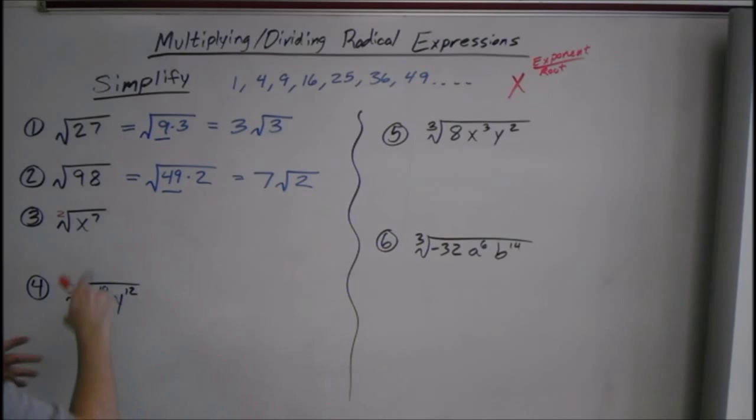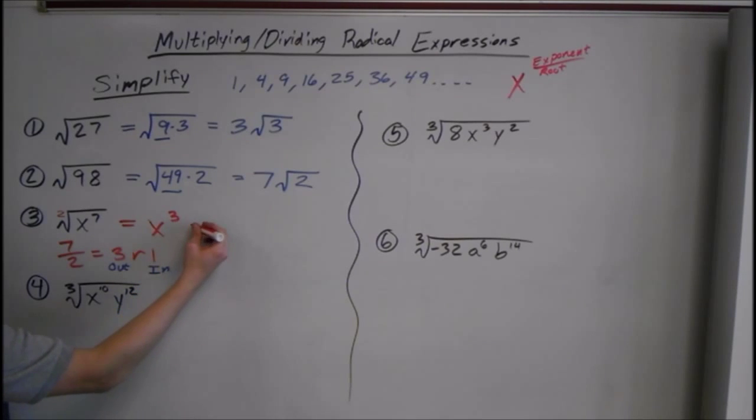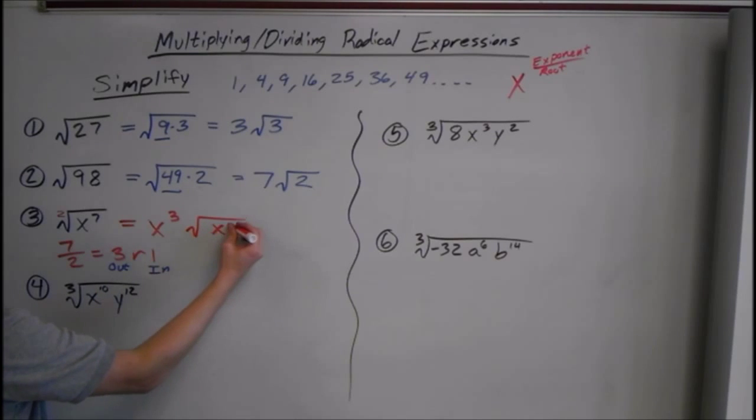So if we divide the exponent by the root, that'll tell us what we could take out and what we have to leave in. So say we have 7 over 2, that's 3, remainder 1. So we take 3 out, 3 x's come out, and we leave 1 x in. So it's going to be x cubed comes out, and we have the square root of x, 1 x on the inside.